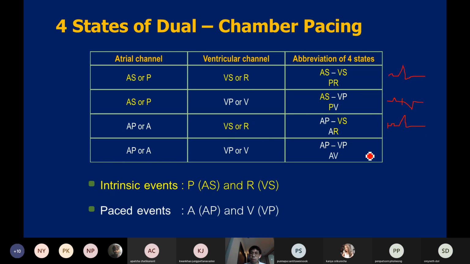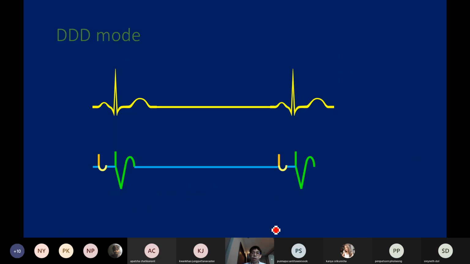And the last one is A pacing and V pacing, because there is no intrinsic at all. These are the 4 states that could be seen in the ECG of patients implanted with a dual chamber pacemaker. The intrinsic event of the P wave is A sense, the R wave is V sense, the pace event of the atrium is A pace, and the pace event of the ventricle is V pace.